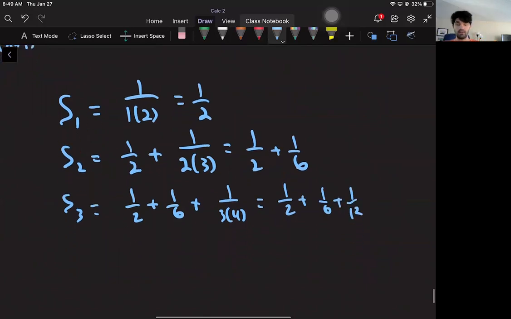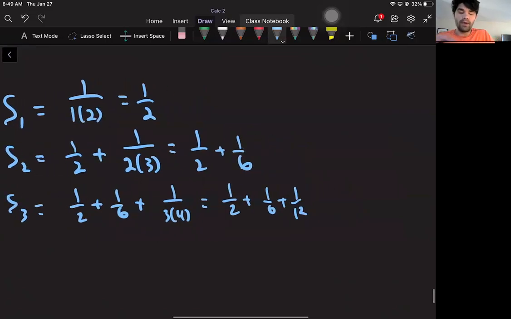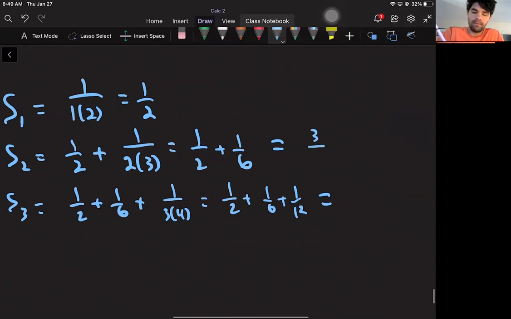Okay, so it doesn't look like there's a nice explicit formula that you can plug K into. But if you get common denominators, you actually will. So this is going to turn out to be, let's see, 3 over 6 plus 1 over 6 is 4 over 6, which is really 2/3.